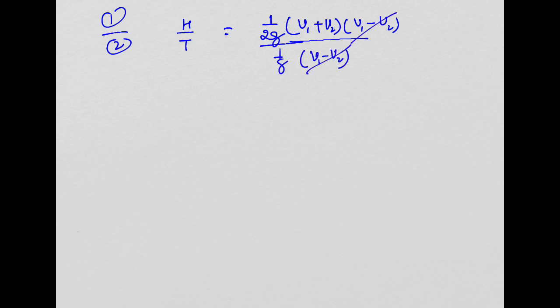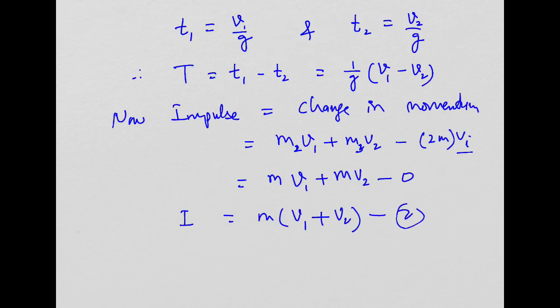Cancelling v1 minus v2, cancelling this g, finally v1 plus v2 is calculated to be equal to 2h by t. No sorry, this is not equation number 2, this is equation number 3. This is 3, that was actually equation number 2.